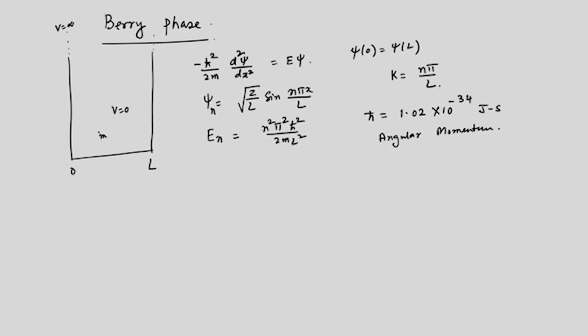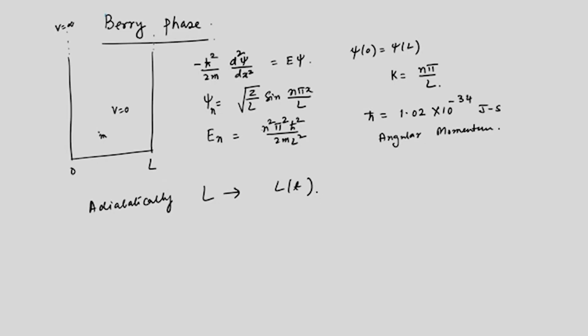Okay, now we want to understand what happens if adiabatically, that is slowly, we change L in time, that is we make L a function of time and slowly change it, and in addition assume that the particle is in the ground state.